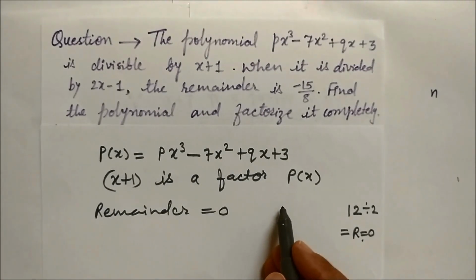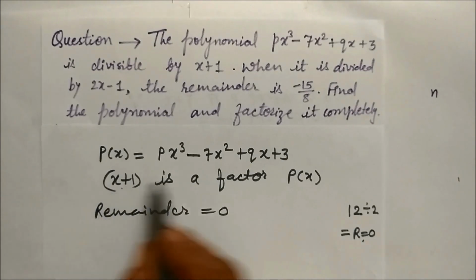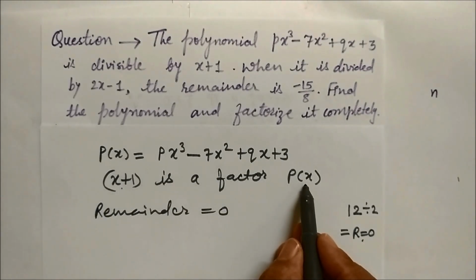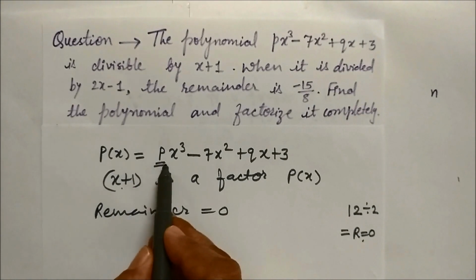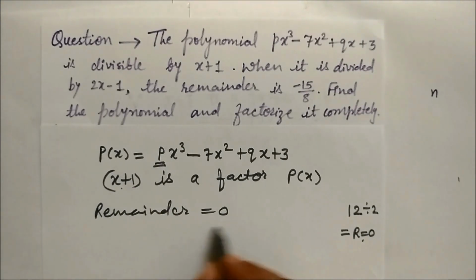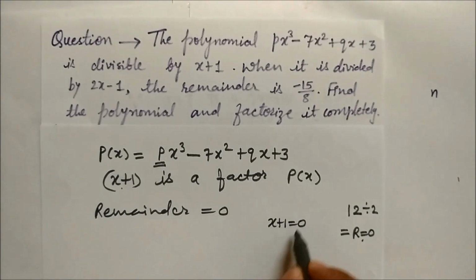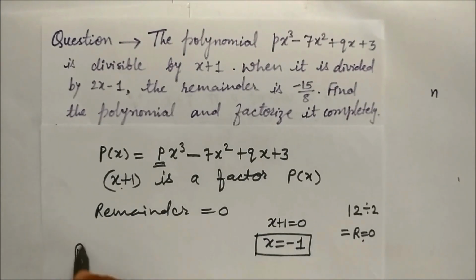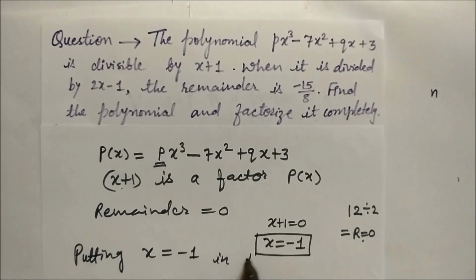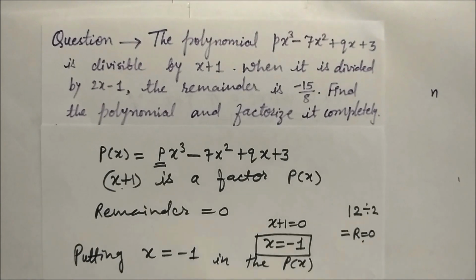Now we will put x is equal to minus 1 in the polynomial p(x) for calculating variable p. x plus 1 is equal to 0, therefore x is equal to minus 1. Putting x is equal to minus 1 in the polynomial p(x), therefore we have p of minus 1. Now we will calculate p of minus 1.